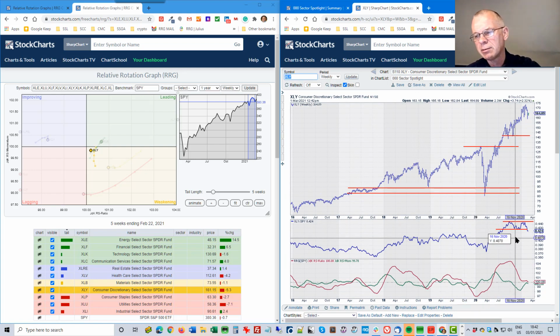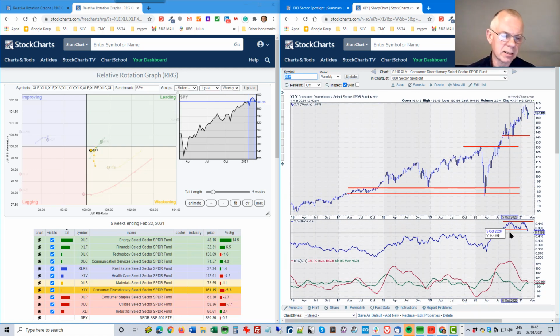But when you look at the relative strength here and you look at the relative line, that seems to be completing a double top pattern, so that's sort of trend ending. So I'm a little bit worried about the characteristics for XLY and XLK. So far, they don't seem to hurt the long-term uptrend for the stock market, but these two sectors deserve a little bit more of our attention going forward.